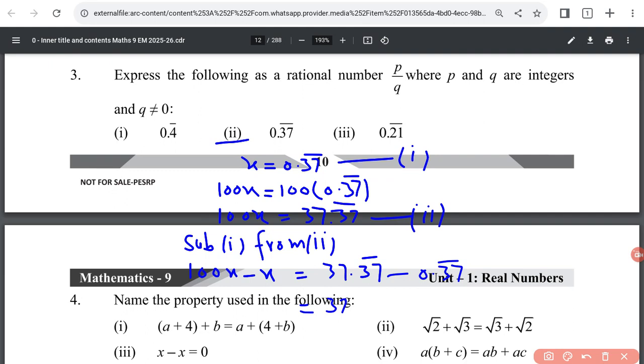And on this side we have 99x. After this we move 99 to the other side, it will become 37 over 99. So that is the answer of part 2.